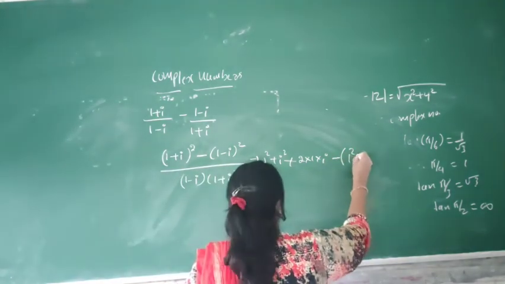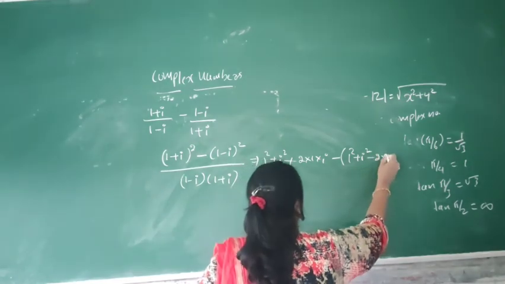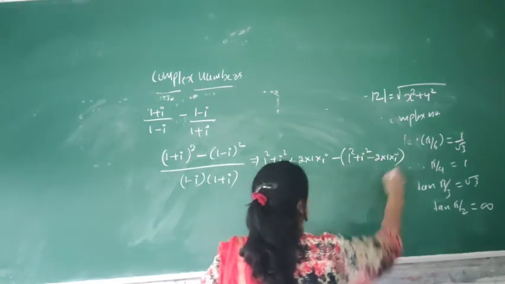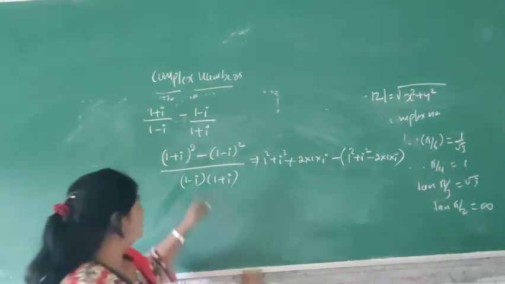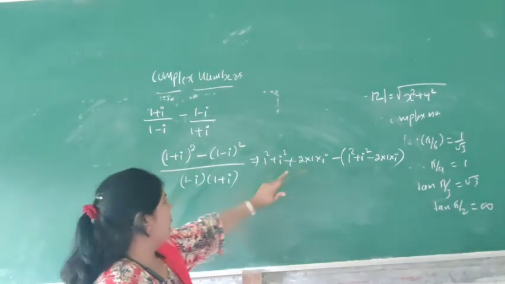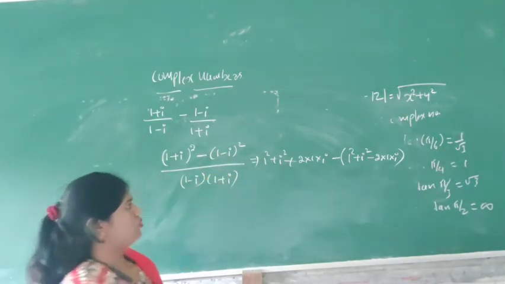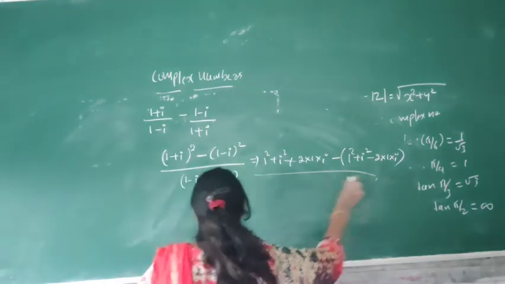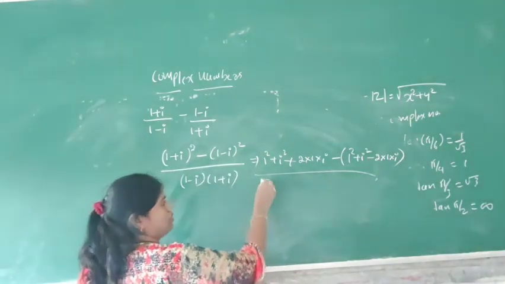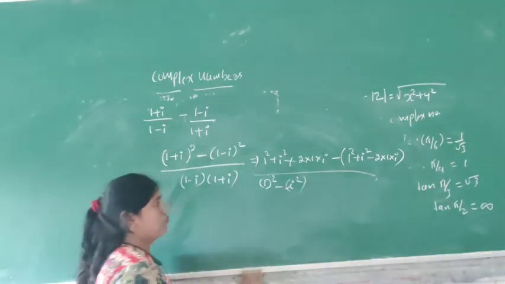Minus (a square plus b square minus 2ab). So a minus b into a plus b is a square minus b square.